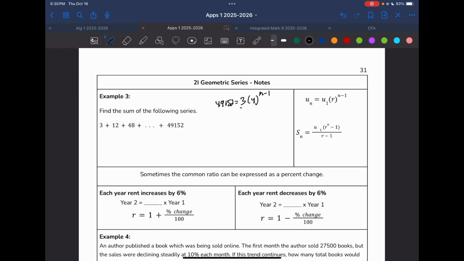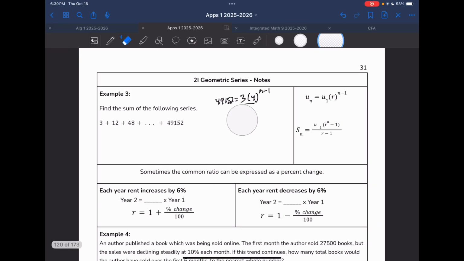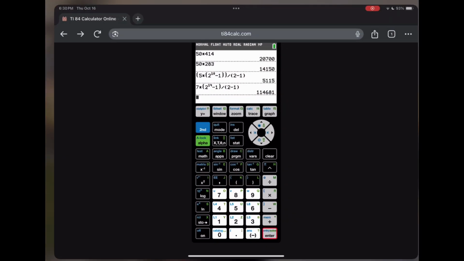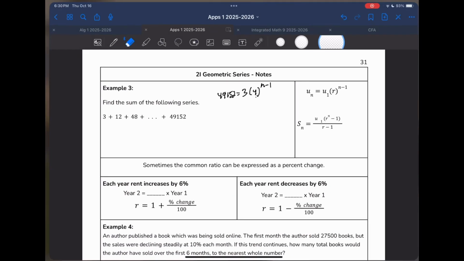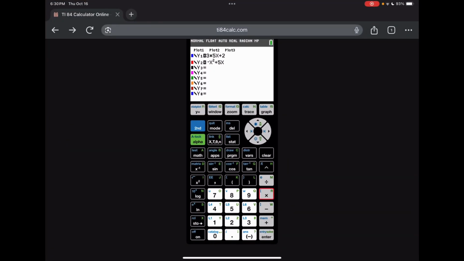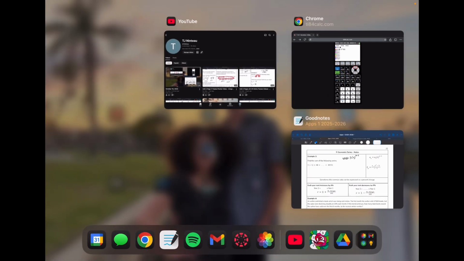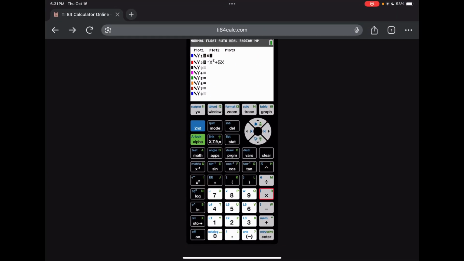So the first thing you want to do is, I'm just going to do this one using the calculator. So we can go y equals, y1, we'll put 3 times 4 to the x minus 1. And make sure to delete the other entries.